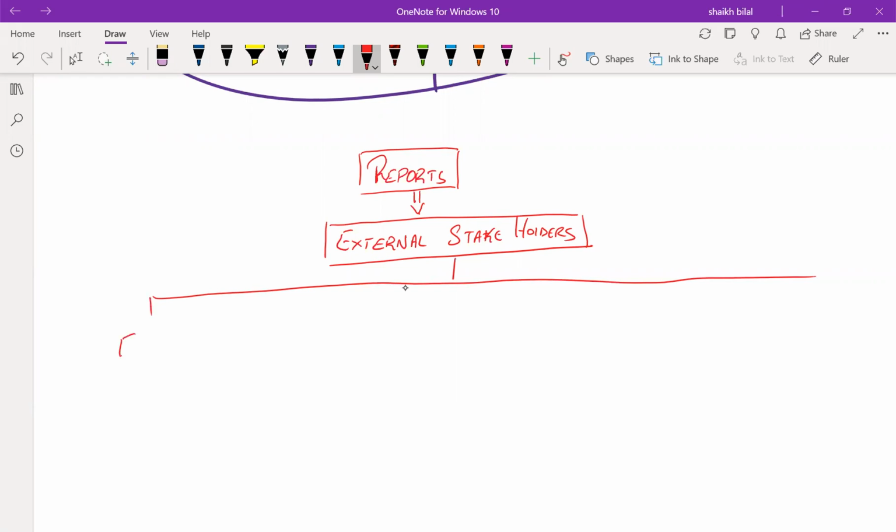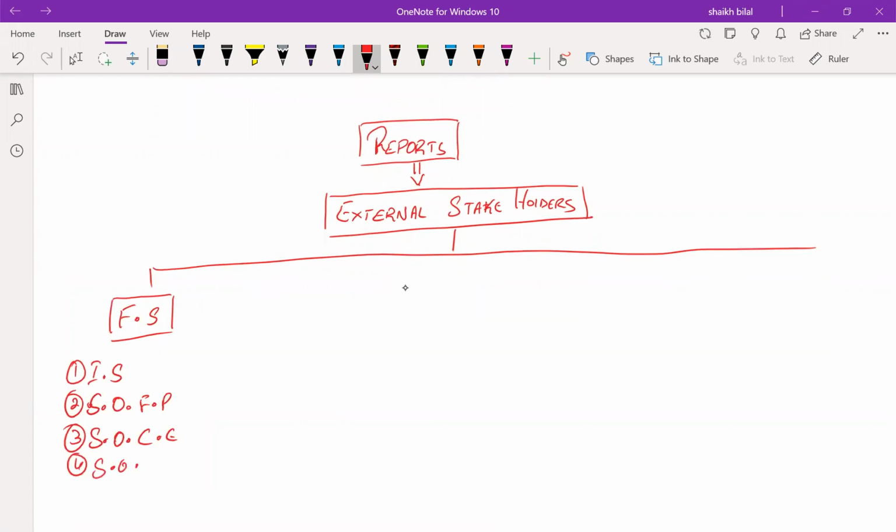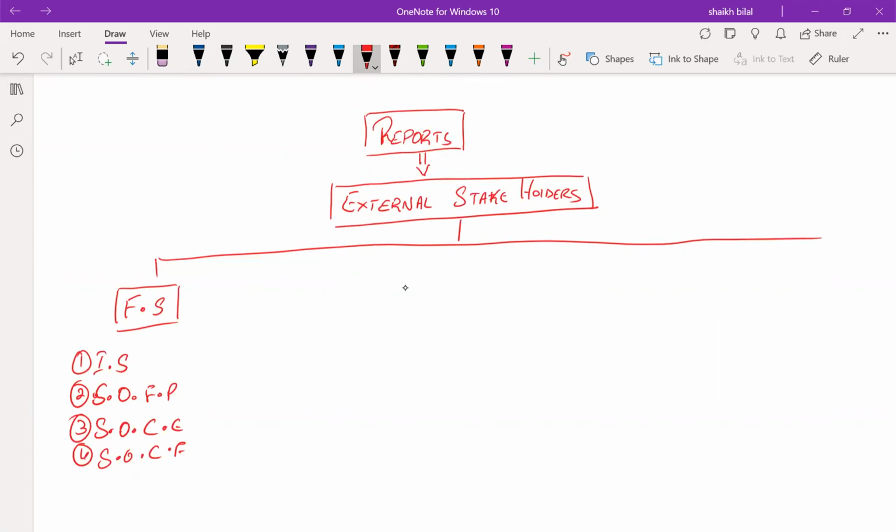First one is the financial statement. Now you know it very well. There are five components of financial statement. That is the income statement, statement of financial position, then the third one, statement of changes in equity, the fourth one, the statement of cash flows, and the fifth one is the notes to the accounts.